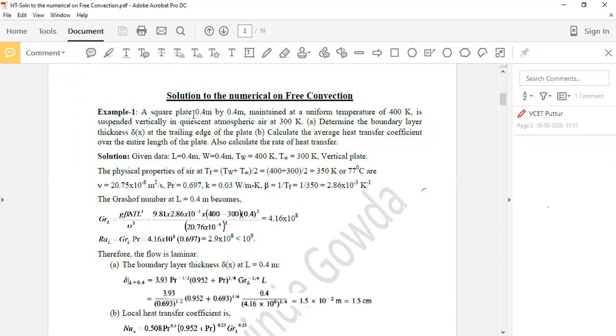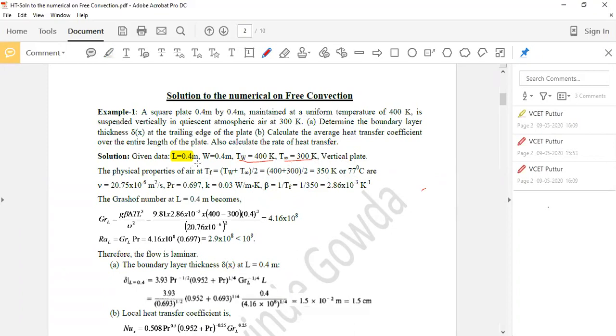So here he has given a square plate kept in the vertical position, suspended vertically. So height of the plate is 0.4, width is 0.4, and wall temperature is 400 degree Kelvin, and the air temperature, that means the free stream temperature, 300 degree Kelvin.